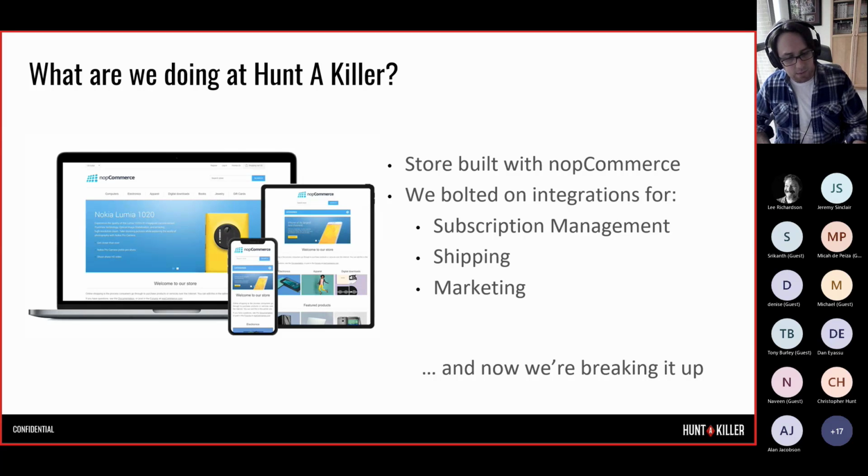And we began to see, just like with any other monolith or any other application, the deficiencies in that approach. And so we've now decided that we are going to break up this monolith.